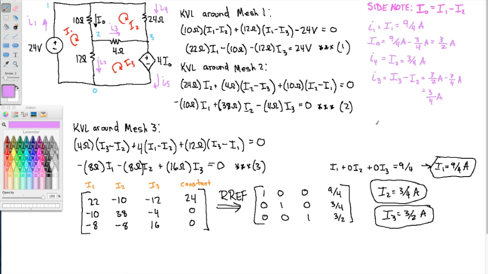Okay, that leaves, I guess, I2 and I5. I2, branch current I2. Well, capital I1, mesh current I1, is going with it, and capital I3, mesh current I3, is opposing.